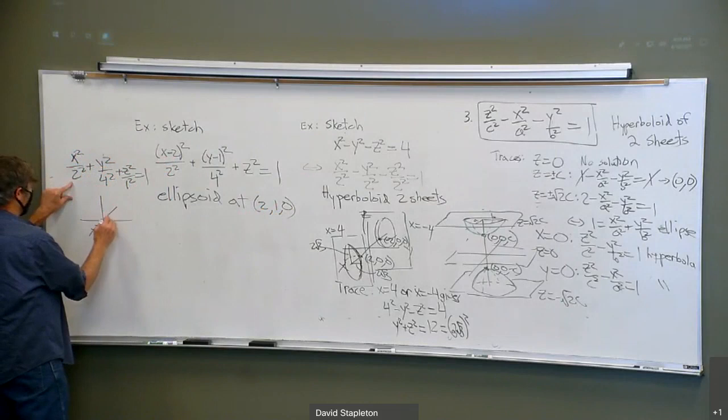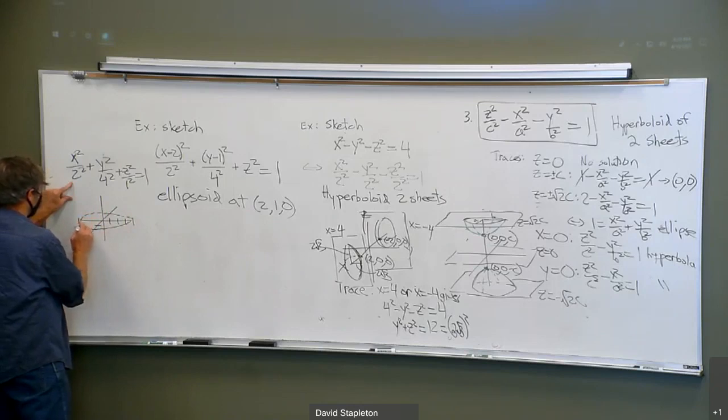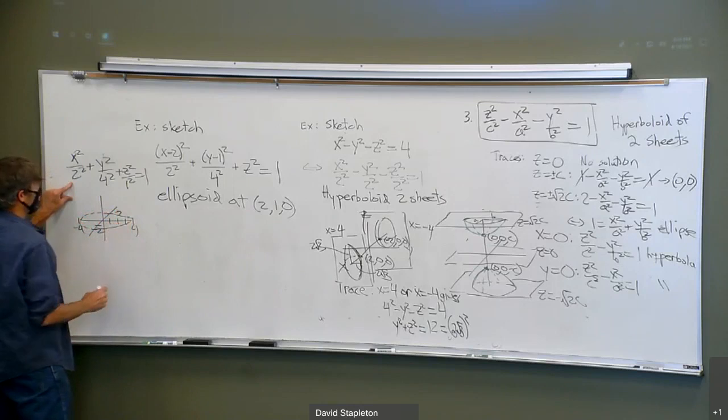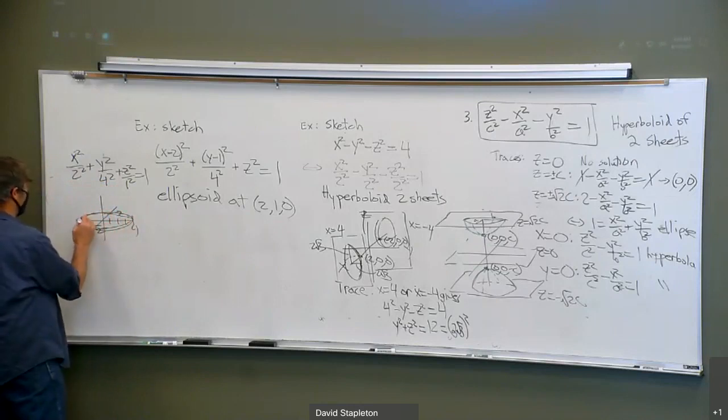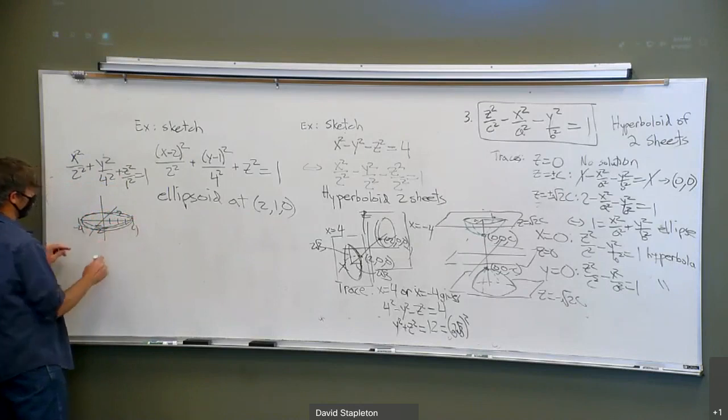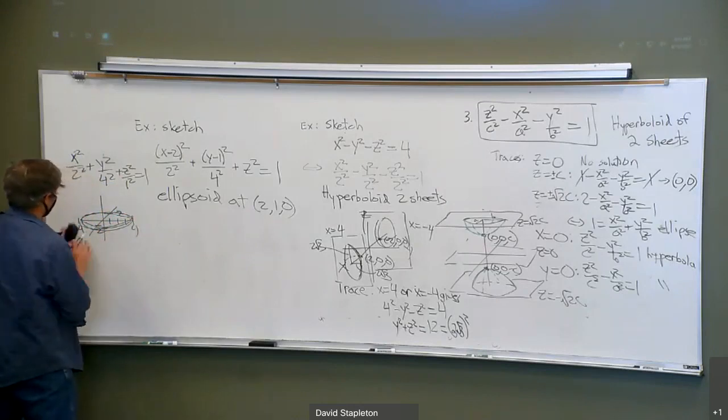Semi-axis lengths 2, 4, and 1, so we could sketch this one in standard configuration, x going out to 2, y going out to 4, so you get this cross section for the equator in the xy plane, going between plus and minus 4 in y, plus and minus 2 in x, and then z going between plus and minus 1, right? So you get this kind of elongated ellipse like that. It doesn't look pretty.